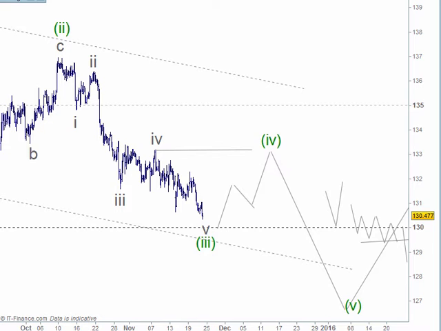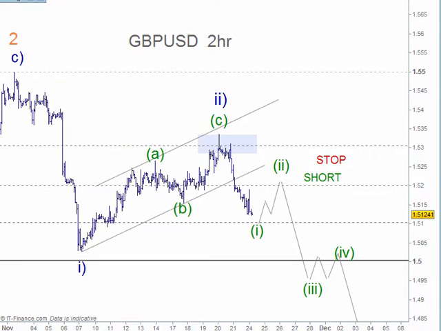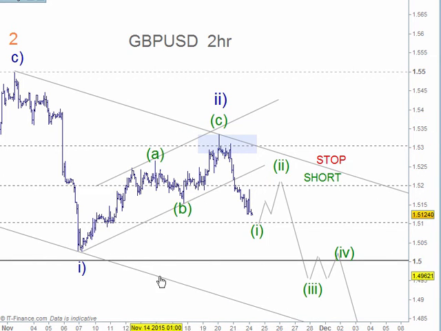Okay, moving on to the pound crosses, we've got the cable here first, and as you know, we've got wave 2 up here, then wave 1 and wave 2 here, and we'll be moving down from that area. And as I mentioned before, this will be a very nice trend indeed, and it's just a matter of getting in.